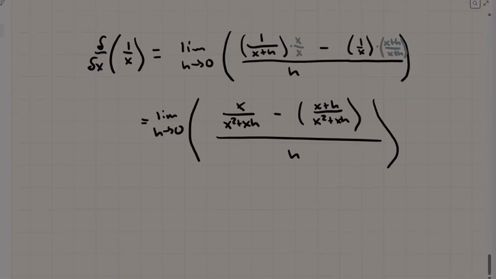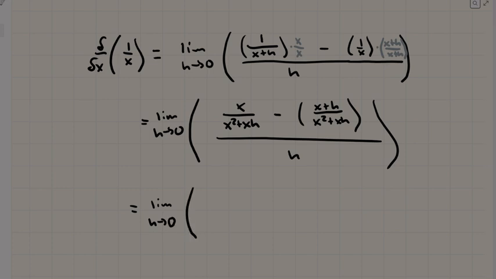Okay. Well, now that our 2 fractions have the same denominator, we can combine them into the same fraction. So that would be x minus x plus h over, wait, be careful with that parentheses there. X minus x, and then also minus h over x squared plus xh.